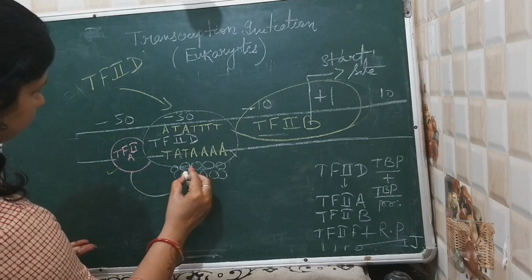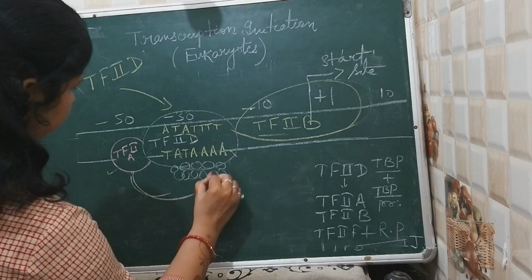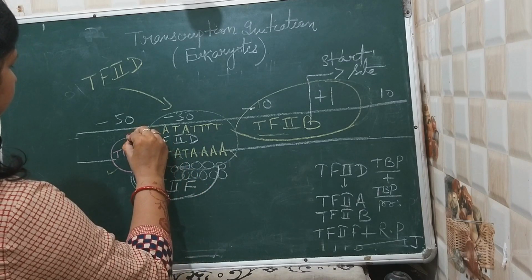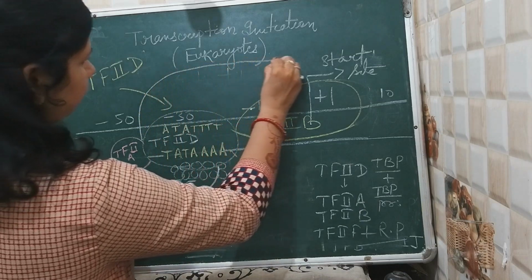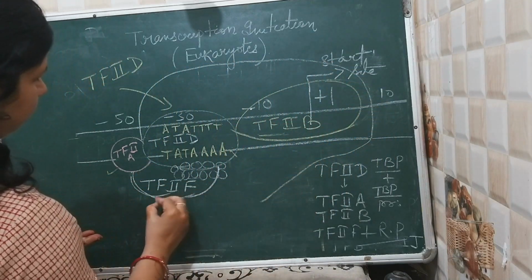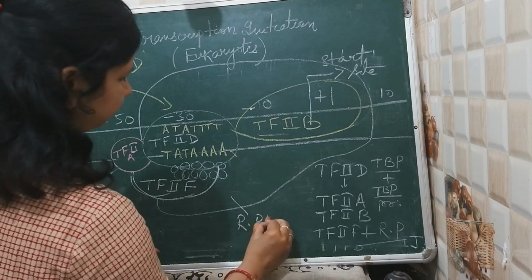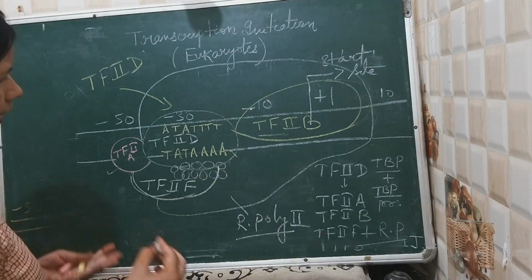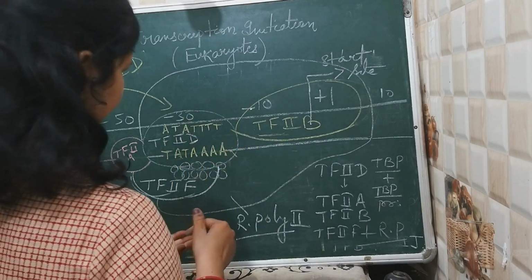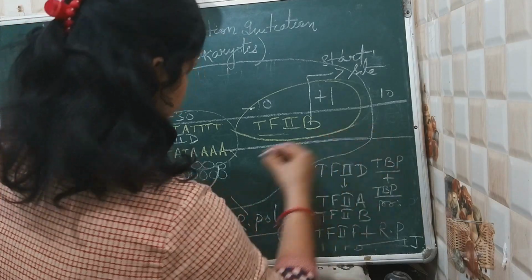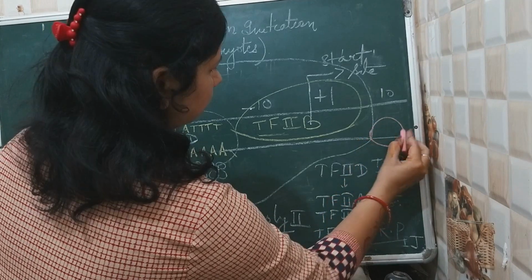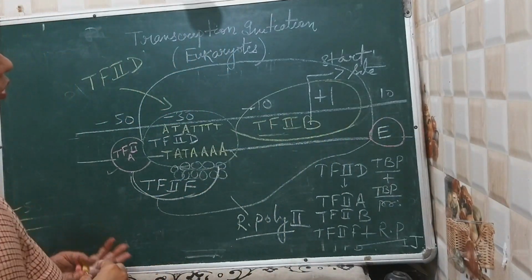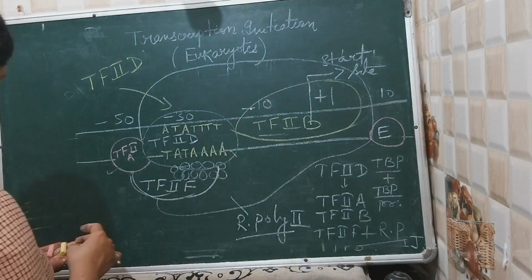TF2F first makes a complex with RNA polymerase 2 and then joins the complex, and after that TF2E binds downstream of the transcription start site.